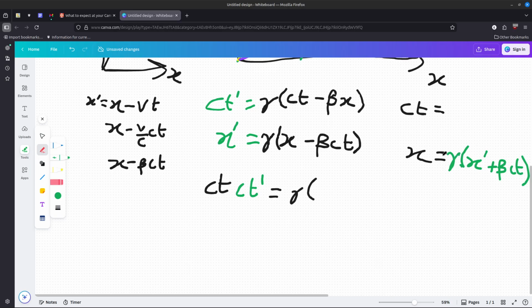And we keep the same factor because due to relativity being relative, then the scaling of the axis shouldn't change. Ct prime shouldn't change because no reference frame is special. Those two are equivalent. And then you end up with a similar thing there.